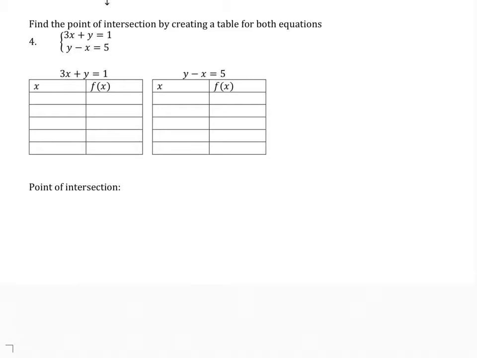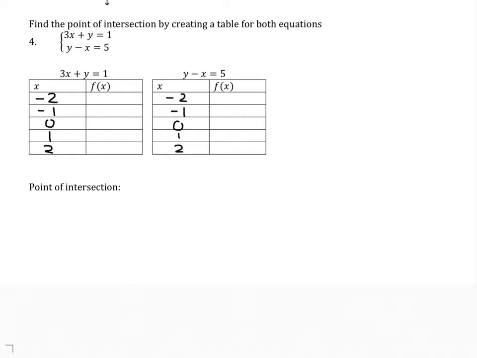So for demonstration purposes, I'll just gather some points around the origin. For example, my x values are going to be negative 2, negative 1, 0, 1, 2. And I'll do the same thing for the other equation: negative 2, negative 1, 0, 1, 2.